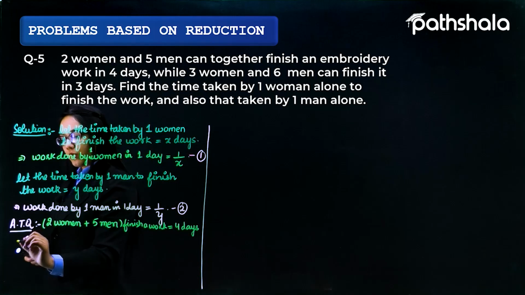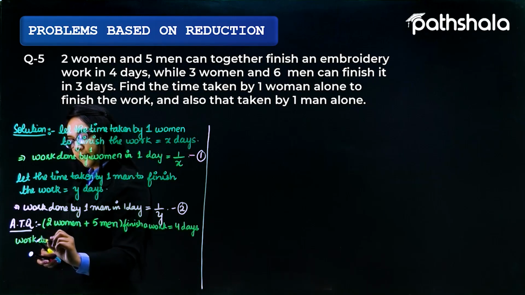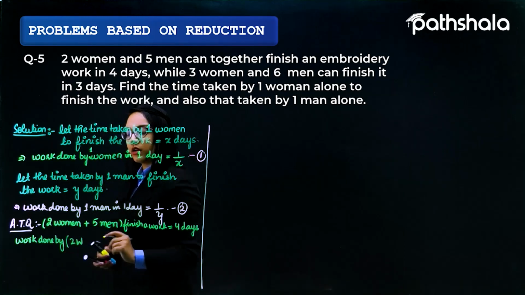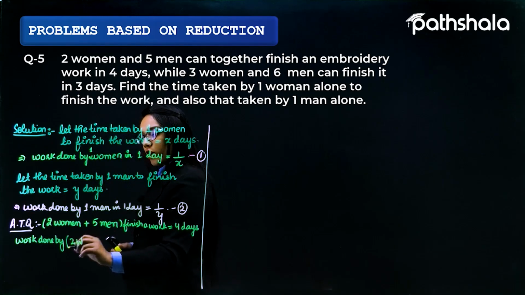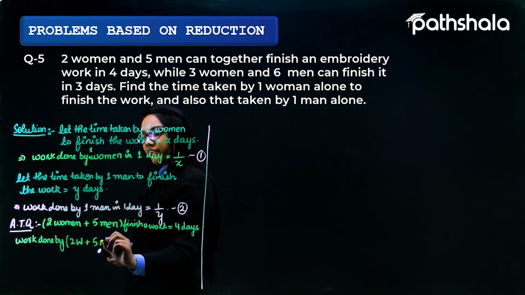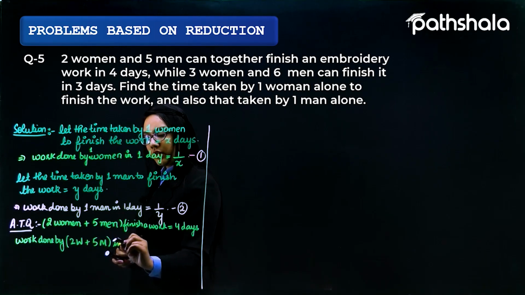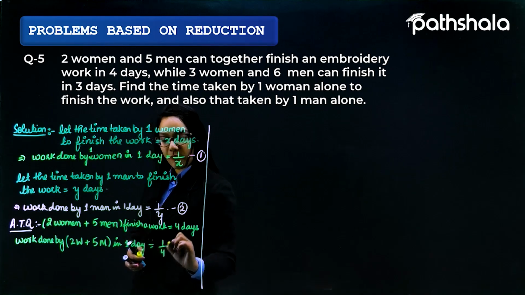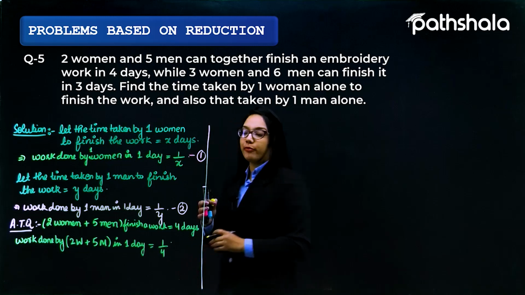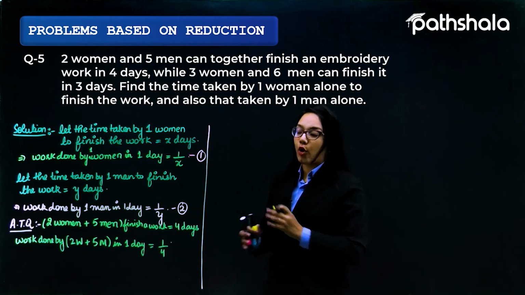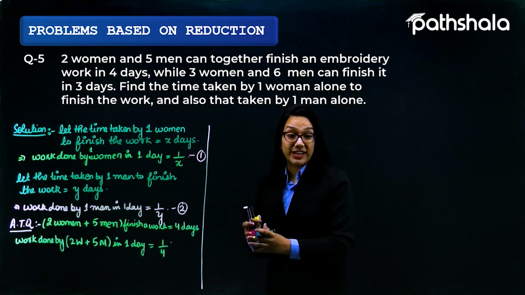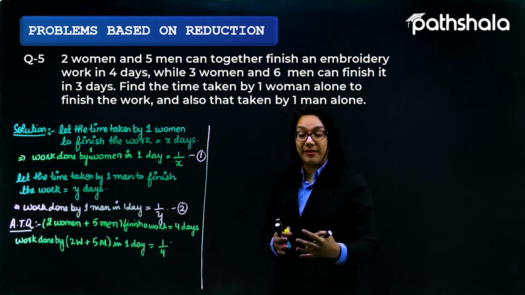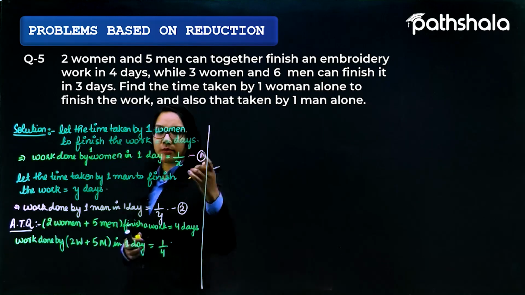Let us suppose I am writing women as capital W. The work done by 2 women and 5 men in 1 day is of the form 1 by 4, obviously, because if all of them together can finish a work in 4 days, then their 1 day efficiency should be 1 by 4.